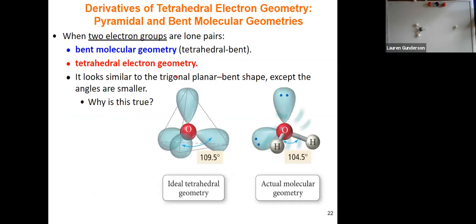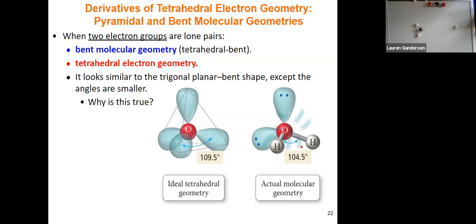Okay, and in this case, we're removing 2 bonding groups and replacing them with 2 lone pairs. So our bond angle is even more deformed here. It squishes into around a 104.5, which again is more specific than you need to know, but it's even more of a decrease from the 109.5 degree angle.